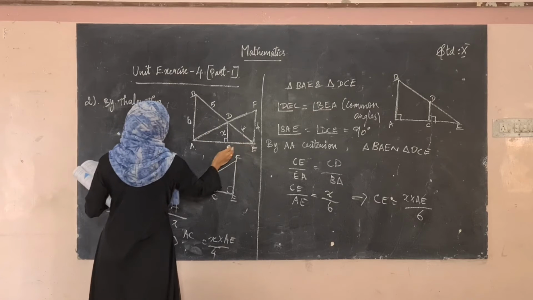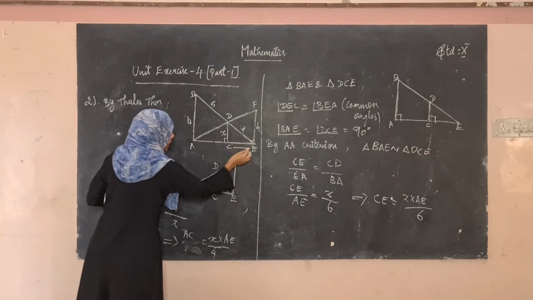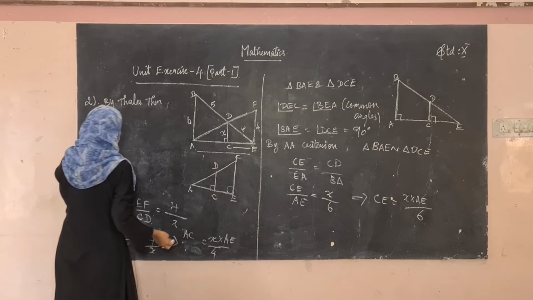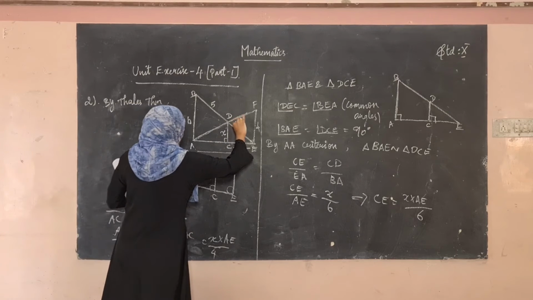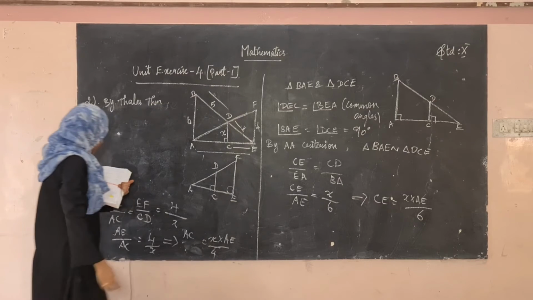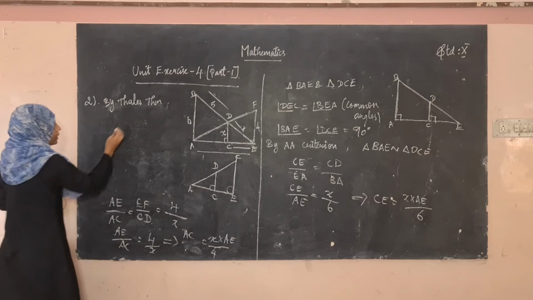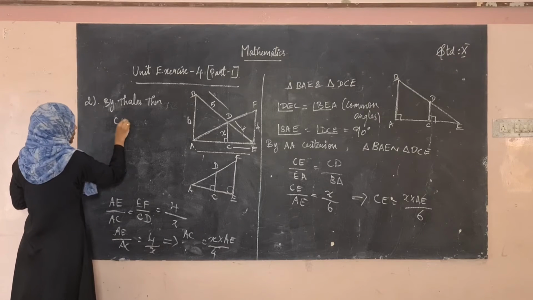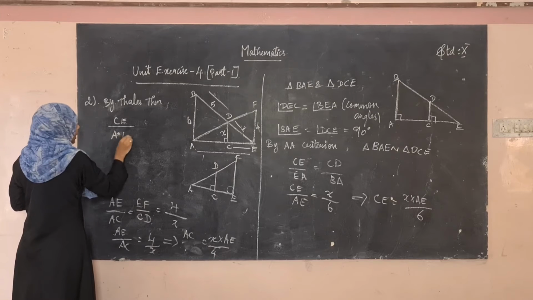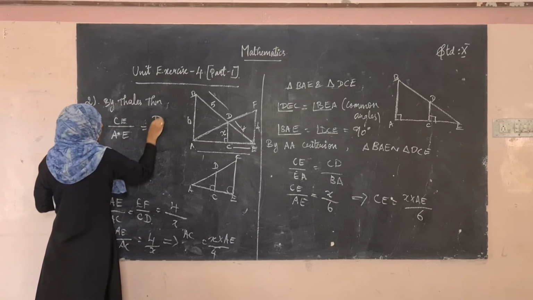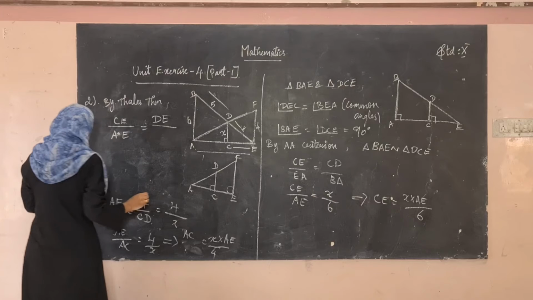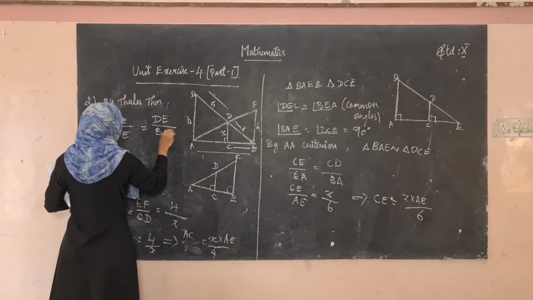Okay, so we are going to take Thales theorem, that is CE divided by AE is equal to DE divided by EB. Therefore, by Thales theorem, CE divided by AE is equal to DE divided by BE.